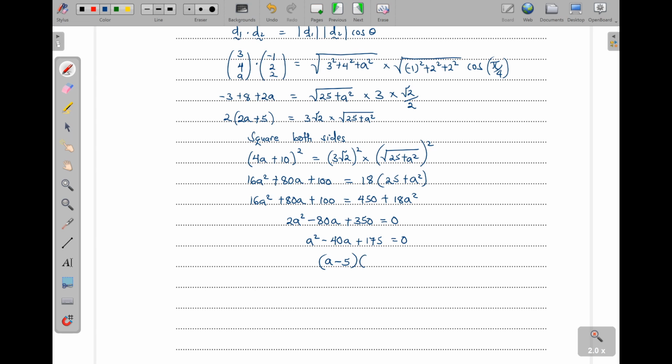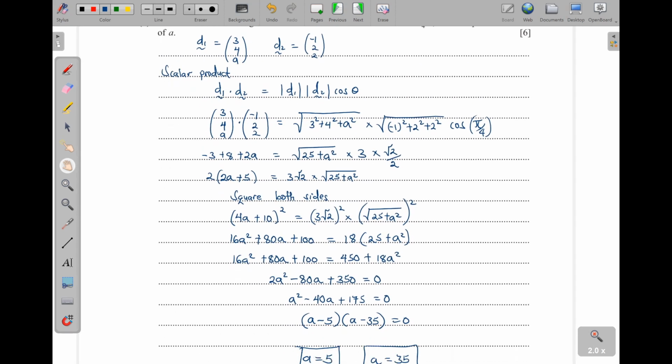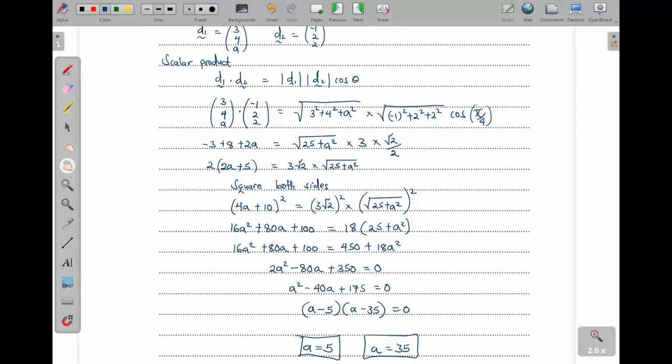So this is a minus 5, and then a minus 35. Then you can smartly write your answer that a is equal to 5, or a can be equal to 35. They actually told us to find the possible values, so it is not one value. So they are 5 and 35.